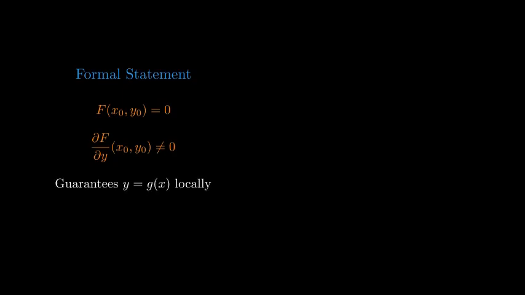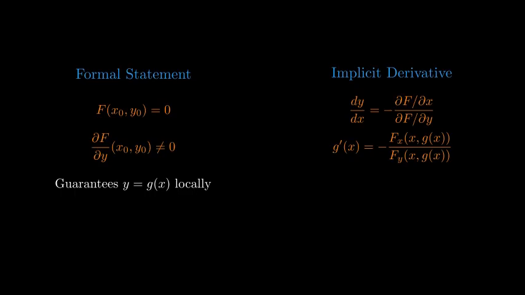The implicit function theorem guarantees that in a small neighborhood around x0, there exists a unique differentiable function, y equals g of x, such that f of x and g of x equals 0, and furthermore, the derivative of g with respect to x can be calculated directly using partial derivatives as the negative fraction, where the numerator is the partial derivative of f with respect to x, and the denominator is the partial derivative of f with respect to y, both evaluated at our point.